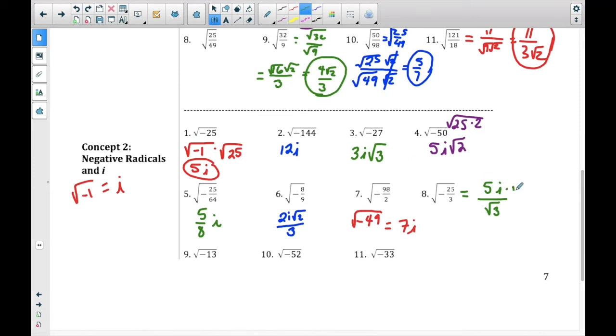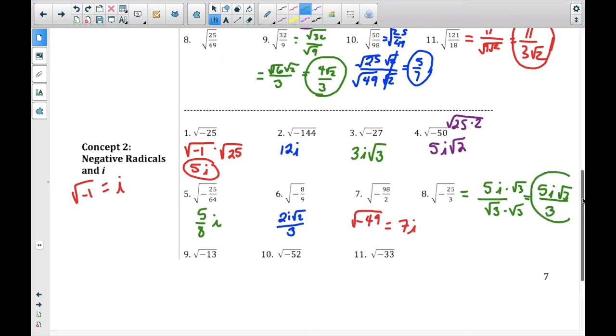And so we have to multiply this by radical 3 and multiply this by radical 3. And so when that happens, do you remember what radical 3 times radical 3 is? It's radical 9, and radical 9 is just a positive 3. So our answer here is 5i radical 3 over 3. And that 3 and that radical 3 cannot cancel out.